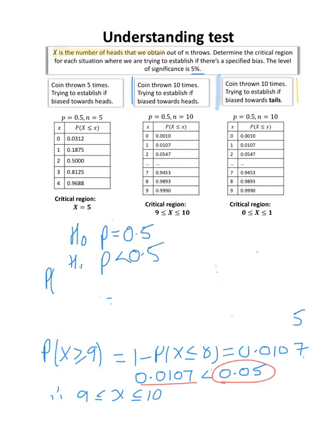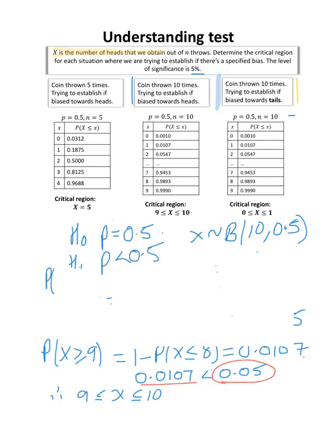So our null hypothesis stays p equals 0.5, and our alternative hypothesis is that p is less than 0.5. Here, x is the number of heads that we obtain, the coin is tossed 10 times, and the probability of success remains at 0.5.